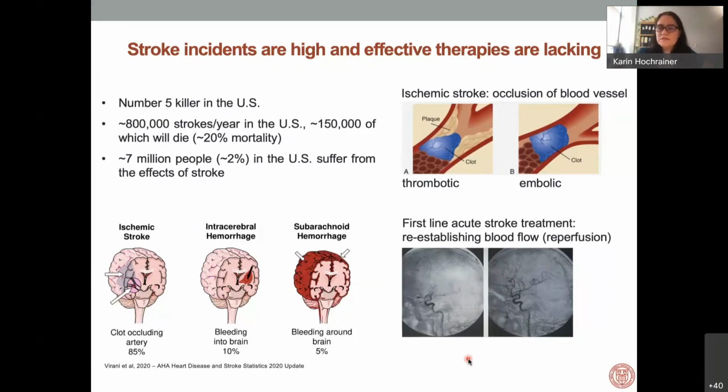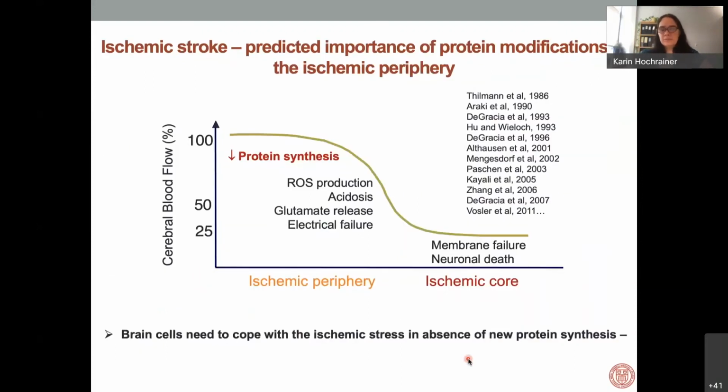So this is very effective, but can only be used in a very limited amount of patients due to different reasons. And there's really no therapies that target brain cells directly to help them or aid them in combating the ischemic stress. So we had the idea of looking into protein modifications because if you look on a molecular level, protein synthesis is one of the first things that is affected when cerebral blood flow is reduced.